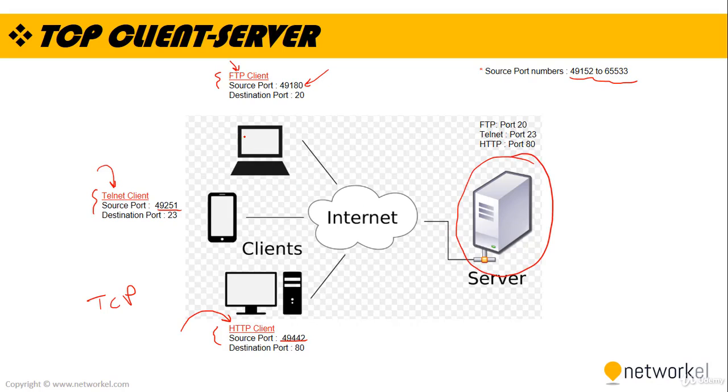For example, this PC1 wants to take an FTP service from the server, so it's using the destination port 20 of the server. For example, this PC2 wants to take an HTTP service from the server, so it's using the destination port 80 while it's connecting to the server.